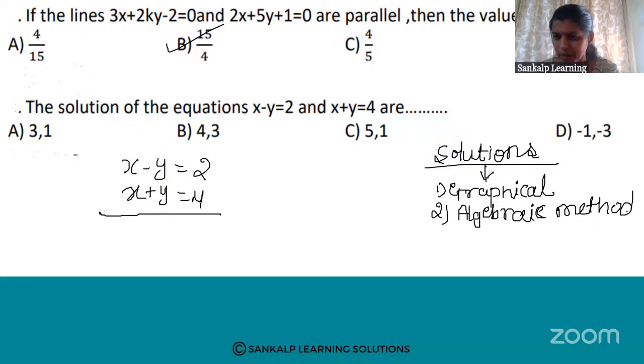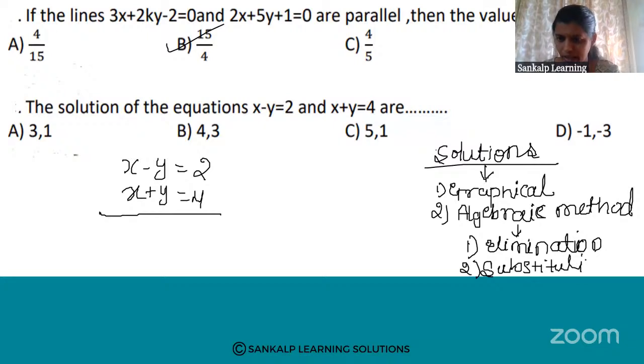In the algebraic method, again we are going to find 3 methods. One is the elimination method. Next one is the substitution method. And the third one is the cross multiplication method.